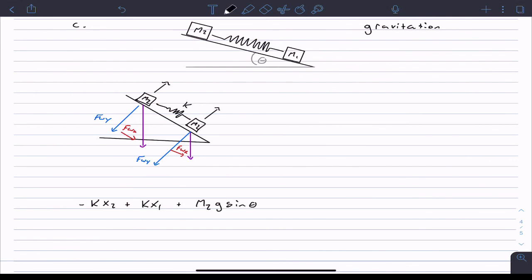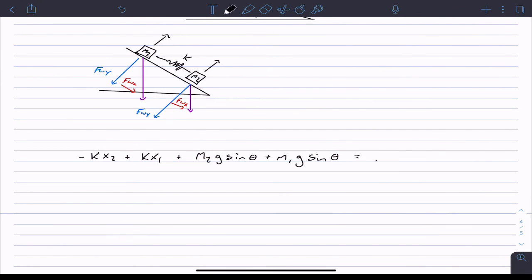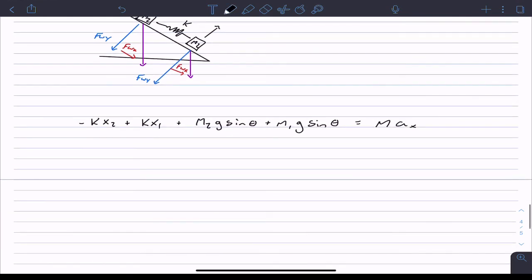From our diagram here, this is m2g sine theta. And then we have also m1g sine theta. It's going to be the same theta. And we'll call it, we don't know if it's in equilibrium, so we're going to call it m net acceleration in the x direction, right?